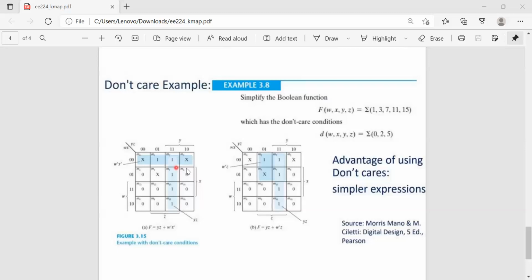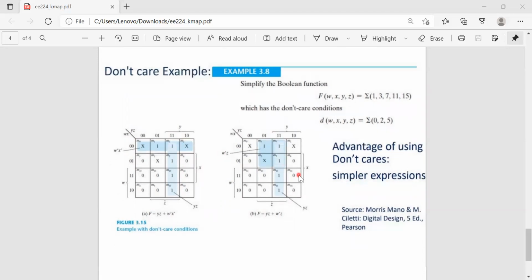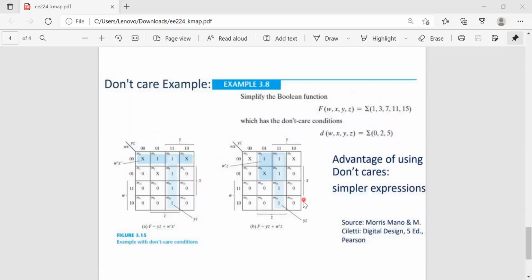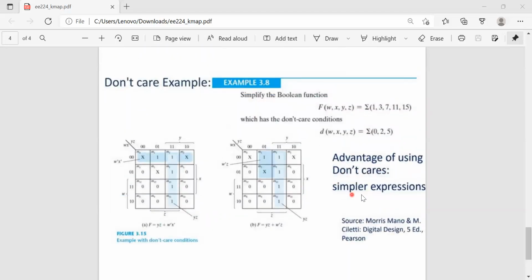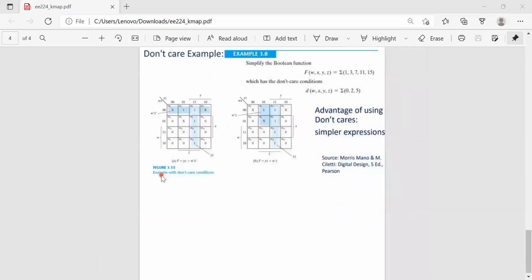There is no rule for including x. X need not be included, and it can be included. These are the two possibilities for taking the K-map representation. The advantage of don't care is that we can find the expression so simply. Thank you.